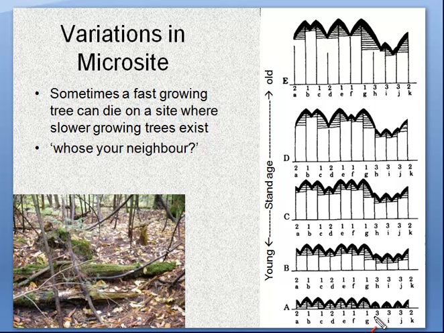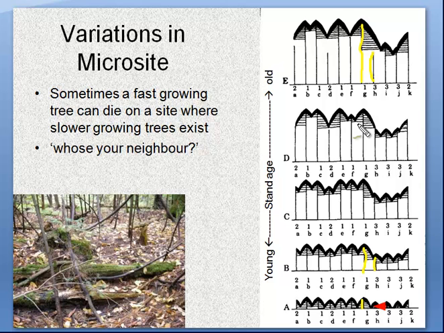If you look at H here, H is a slow growing tree, and it's growing along. Now, G is a fast growing tree. So away they go, and you can see that eventually G grows faster and H actually dies.